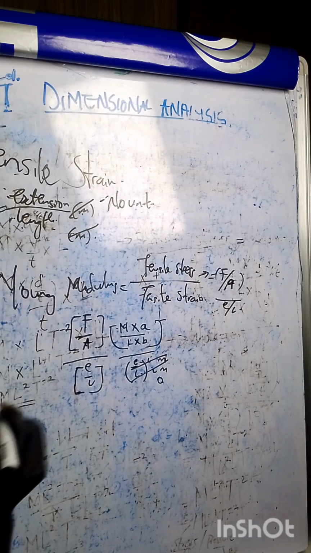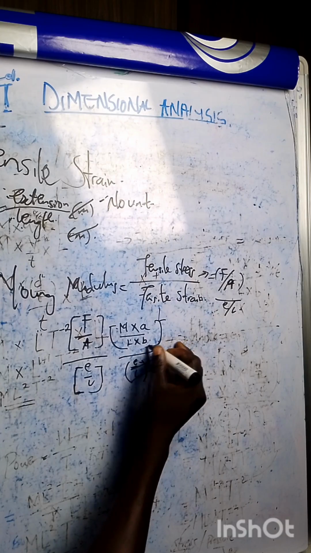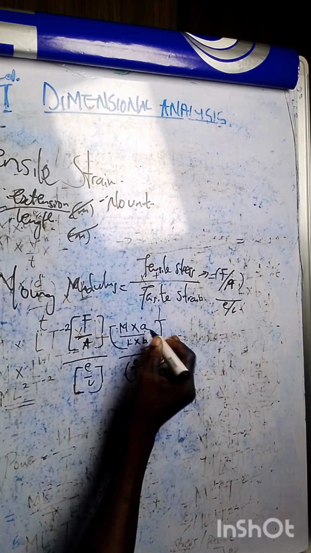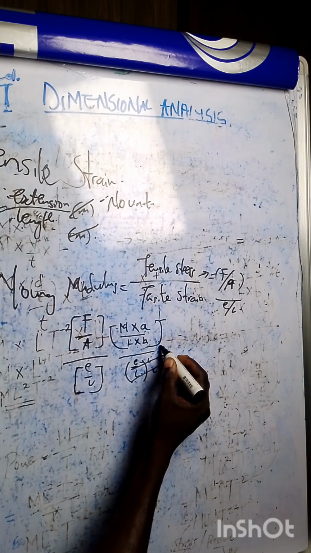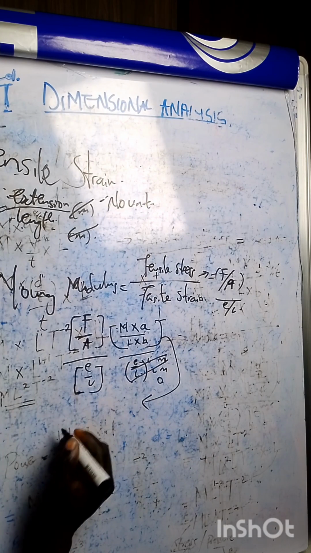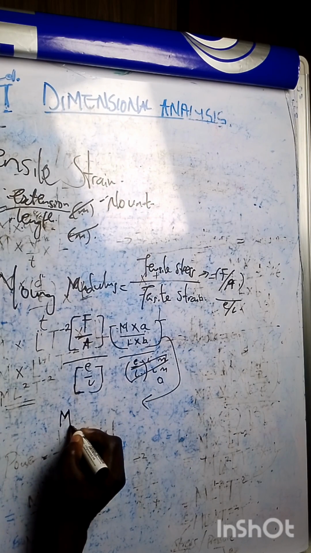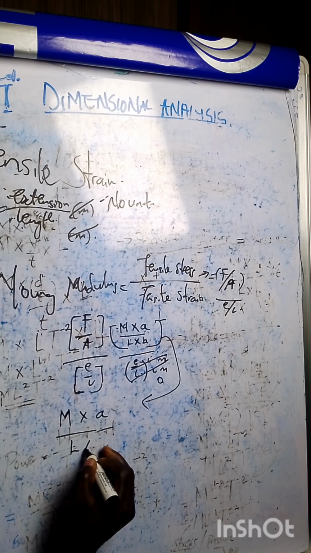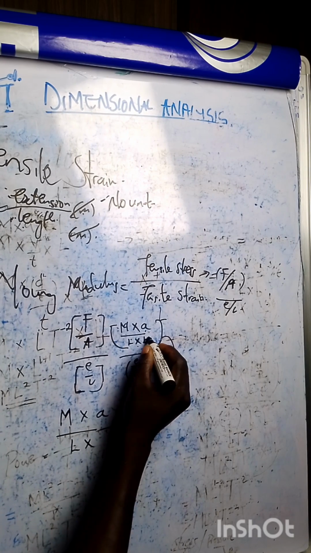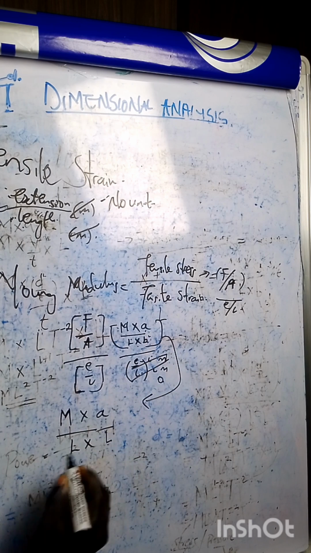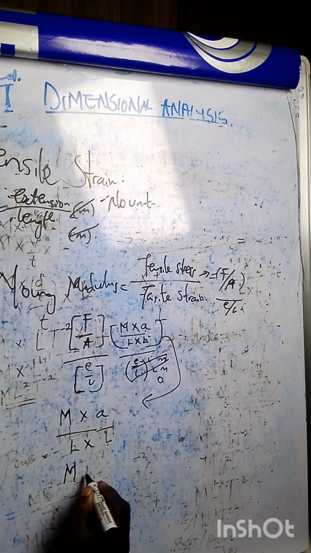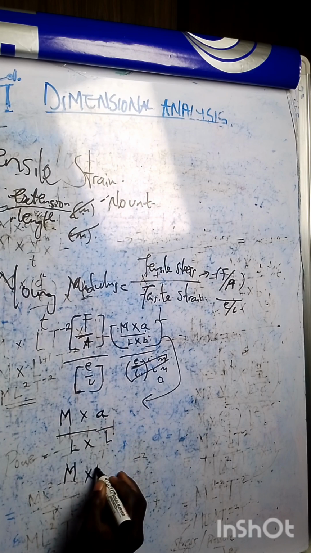Are you with me? So now we are left with MA and length times breadth. So yeah, we would continue. Are you with me? So we are left with mass multiplied by acceleration, then divided by length times breadth. Your breadth is expressed as L now, from what we've been discussing. So mass multiplied by acceleration is what?